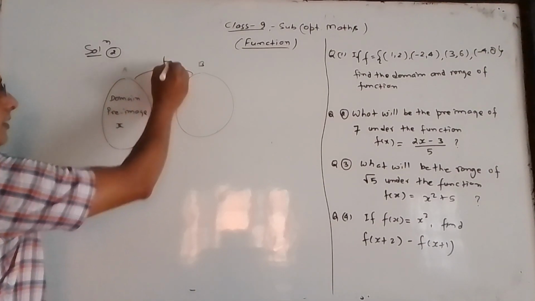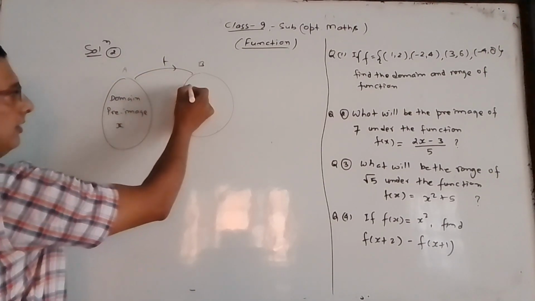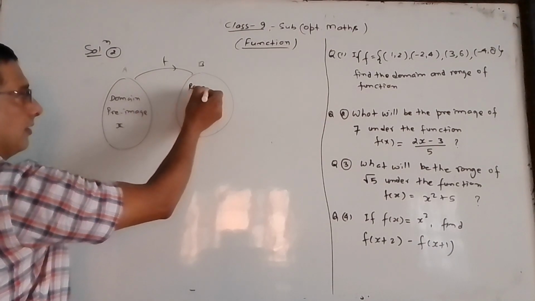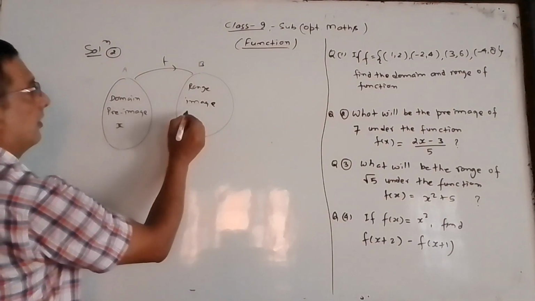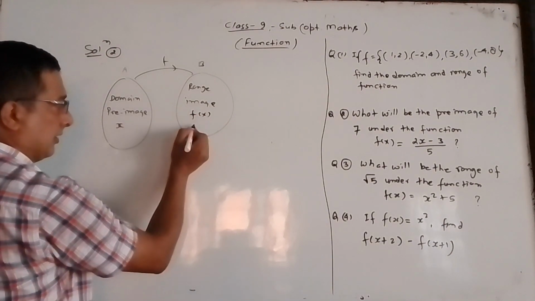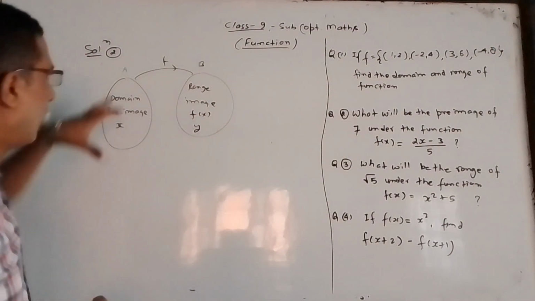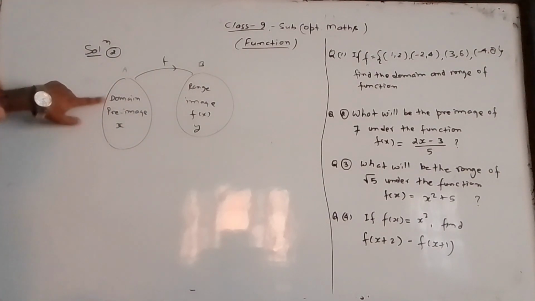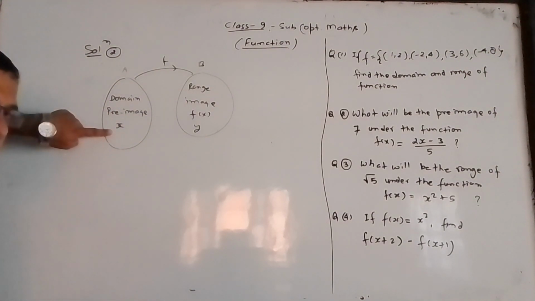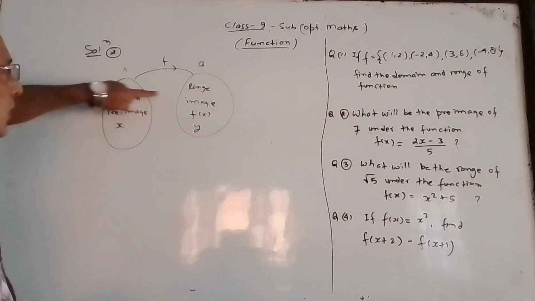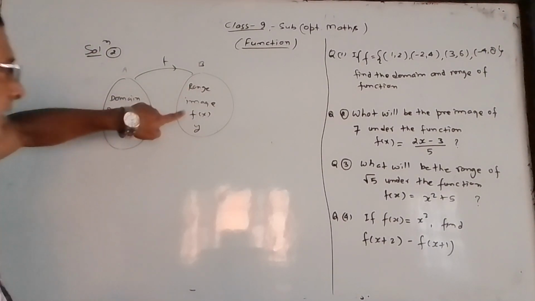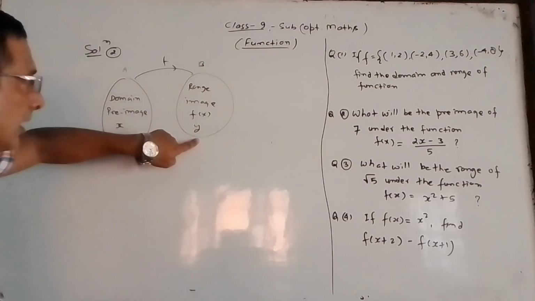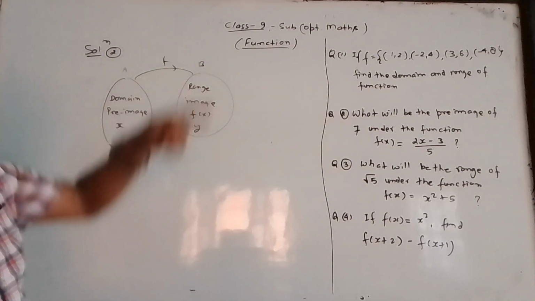Set B is the range, the image, f(x) and y. The domain, pre-image and x are all related to set A. The range, image, f(x) and y are all related to set B.